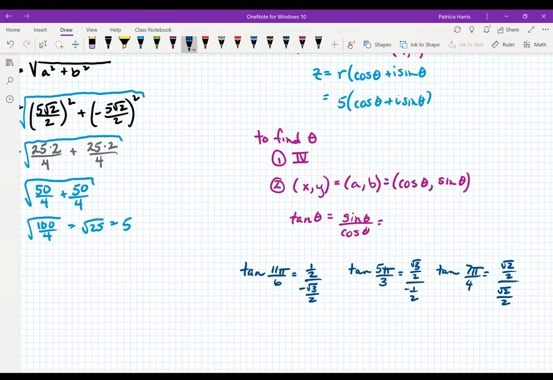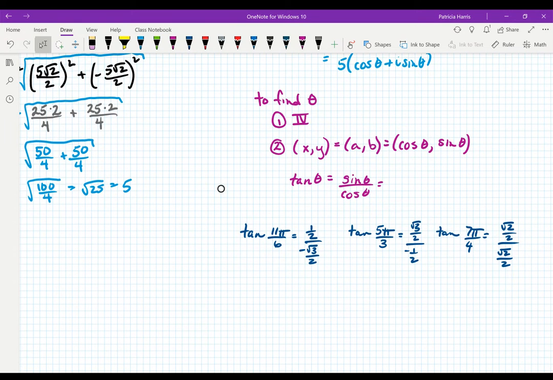If I simplify all those, I get tangent 11 pi over 6 is equal to 1 over the square root of negative 3. Tangent 5 pi over 3 is equal to negative radical 3. And tangent of 7 pi over 4 is negative 1. Now I'm going to do the same thing for my rectangular number that we started with.